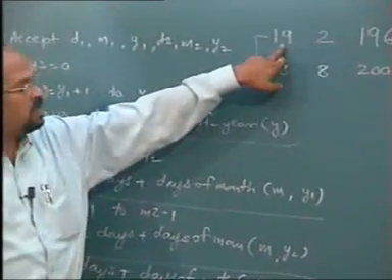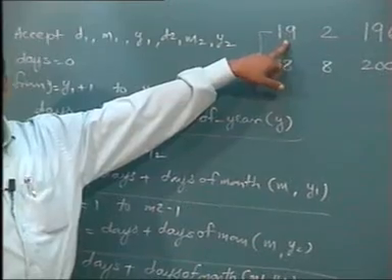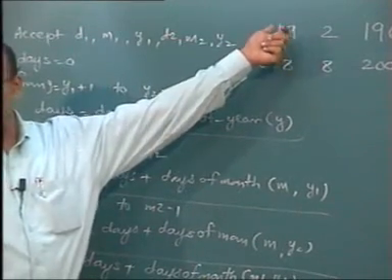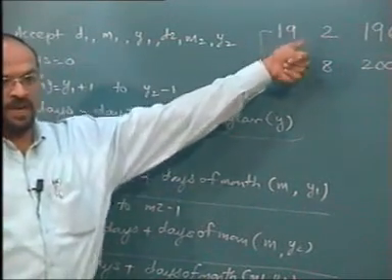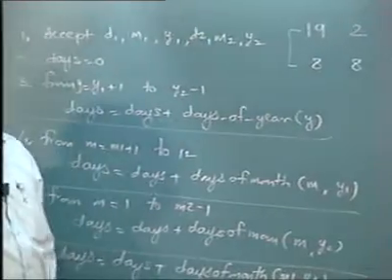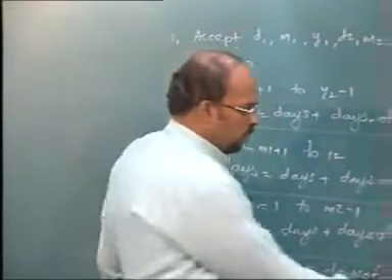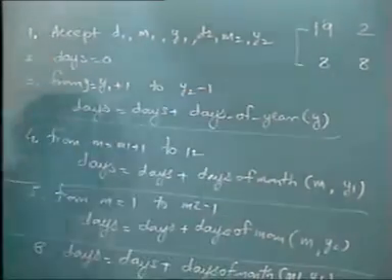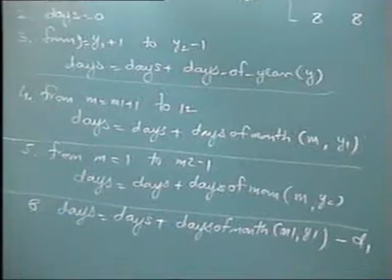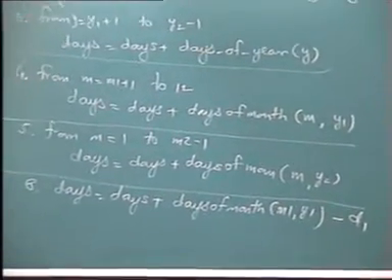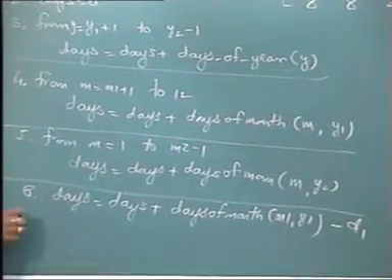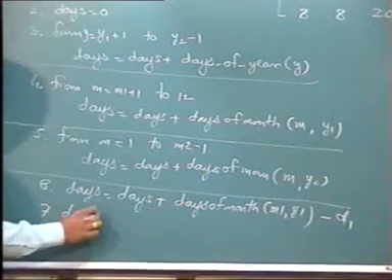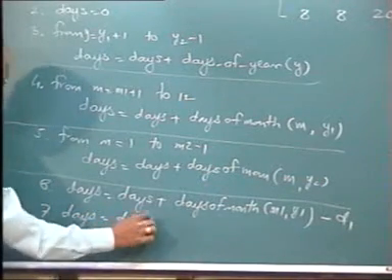Minus the date, because that many days will be left, from 19th till 28th or 29th. Okay, so minus D1. That is the number of days in that February. And then finally, days equal to days plus D2.